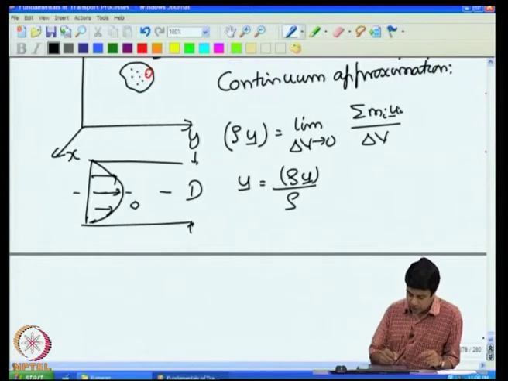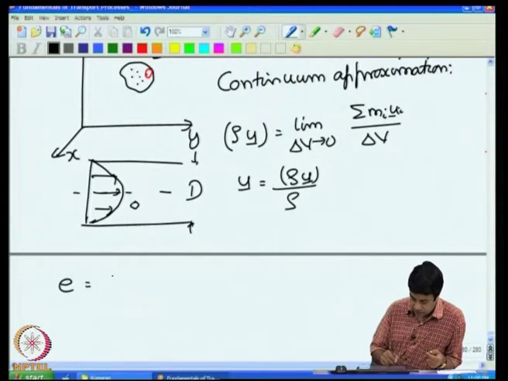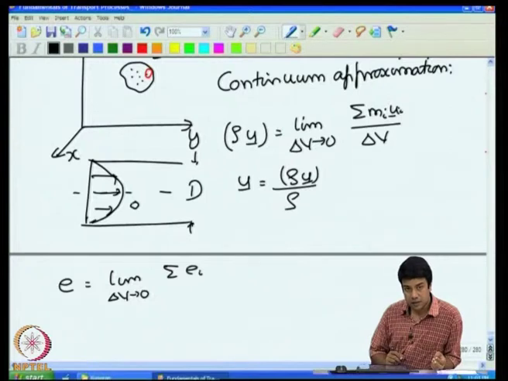Similarly, I can define the specific energy as the limit delta V goes to 0 of the sum of the energy of all the molecules.